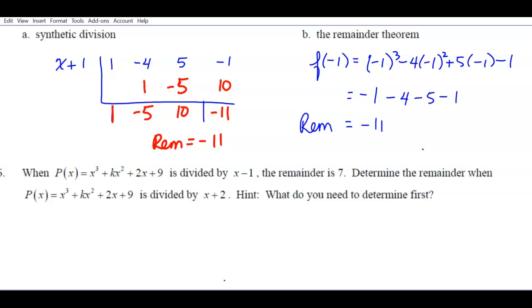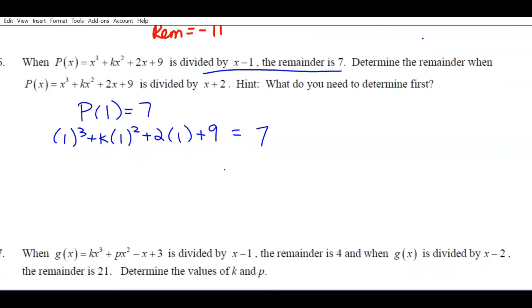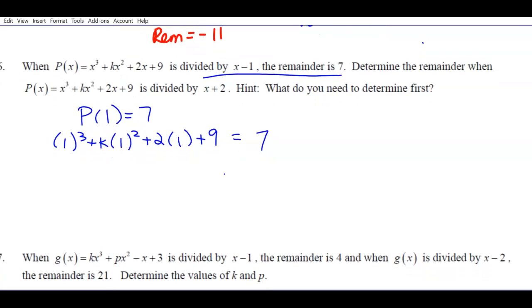So this is saying that p of 1 equals 7. Okay, that's what this is saying. So now find what p of 1 is in terms of k. So p of 1 is 1 cubed plus k times 1 squared plus 2 times 1 plus 9, and that's equal to 7. And solve that for k.